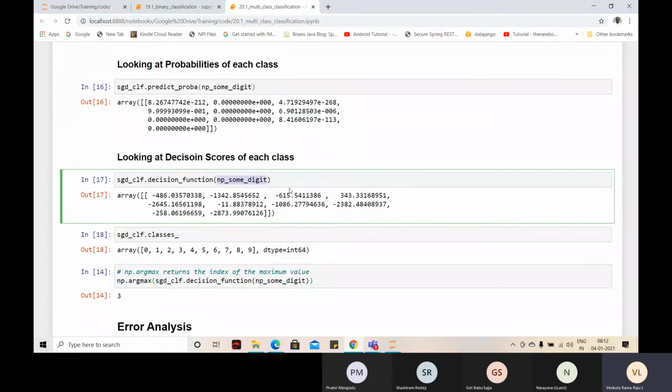Because if you use the SVM algorithm, support vector machine, you need to explicitly set the probability parameter to True. Then only it will give probabilities. But by default, all the algorithms will give you decision scores. Either one can be used.